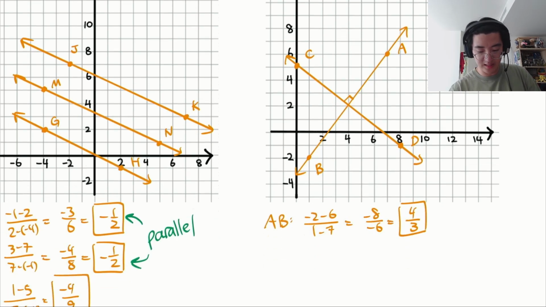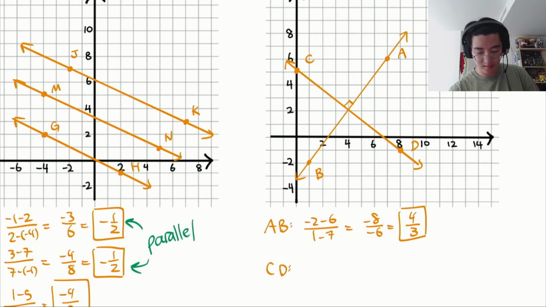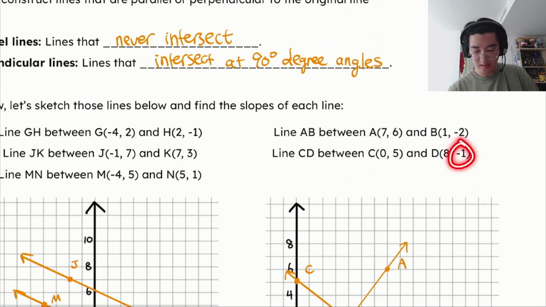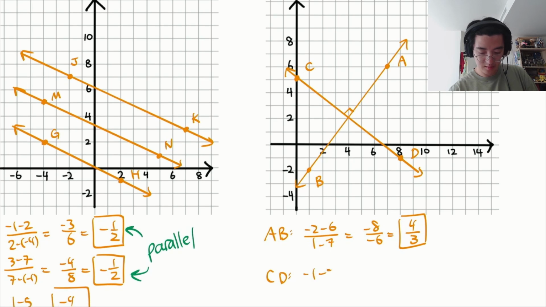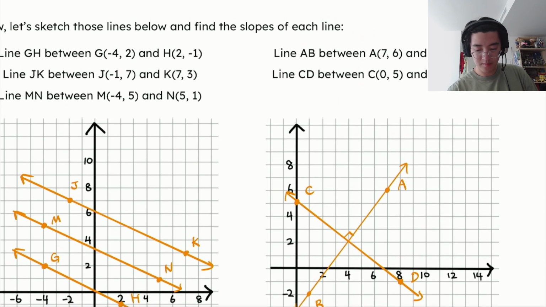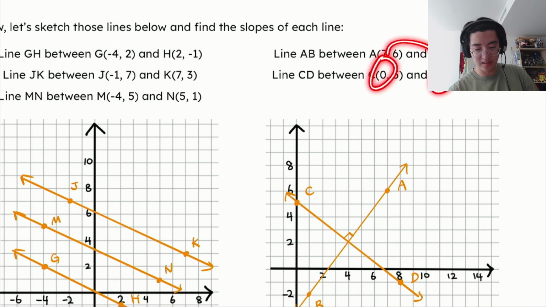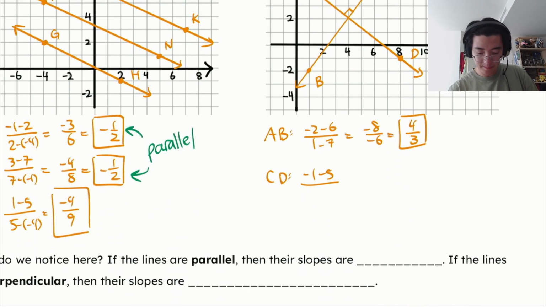Whereas line CD: negative 1 minus 5, and then 8 minus 0, reducing to negative 3 over 4.